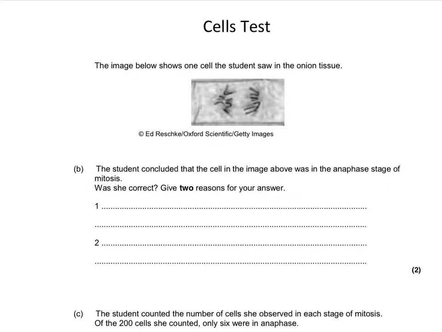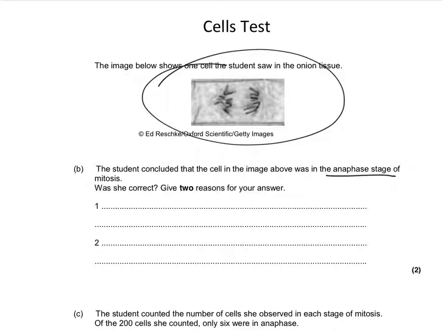Okay, this question shows you an image. That to me looks like anaphase, although it doesn't really matter, because we need to discuss two reasons for your answer. Looking at the diagram, you can clearly see that the chromatids, these things, are basically at the poles of the spindles, or the ends of the spindles.